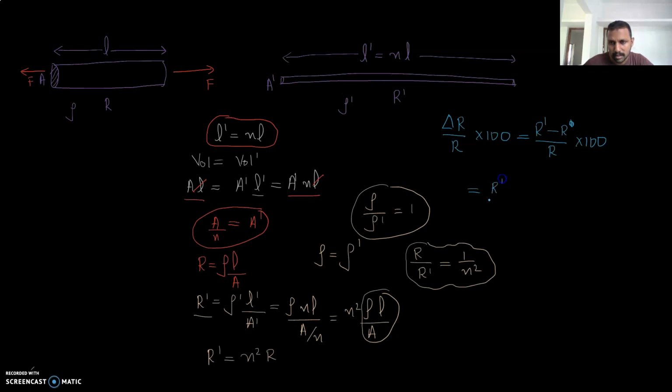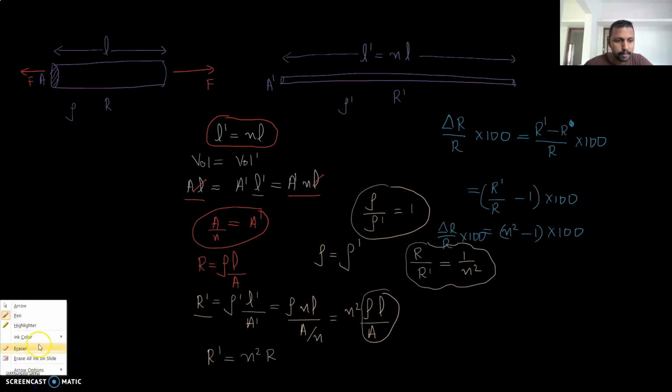It is R dash by R minus 1 into 100. Clear? What's R dash by R? R by R dash is 1 by n square. Therefore, R dash by R is n square. So it is n square minus 1 into 100. This is the percentage of increase in resistance, that is delta R by R into 100.